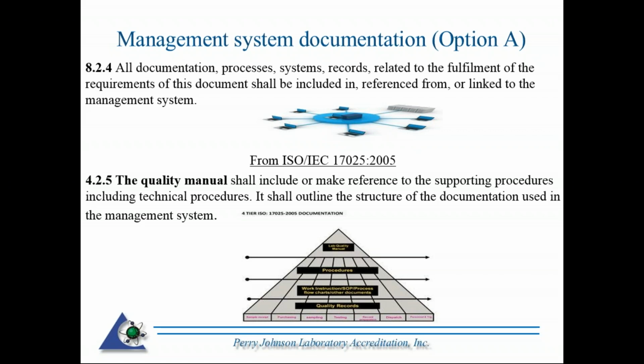So you can still utilize that and comply with the requirements of 8.2.4, or you can specify and show how it's done electronically. Either way will fulfill the requirements of 8.2.4. It's no longer required to have a quality manual, and you don't have to document the structure as specified in 2005.